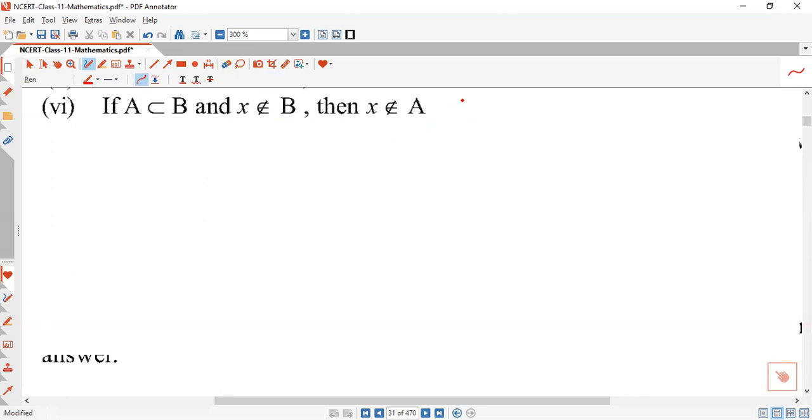No, no, no. It is also a false statement, look. Let me give you some example. Say A is a subset. We take some values 1, comma 2, and we take B as another set.